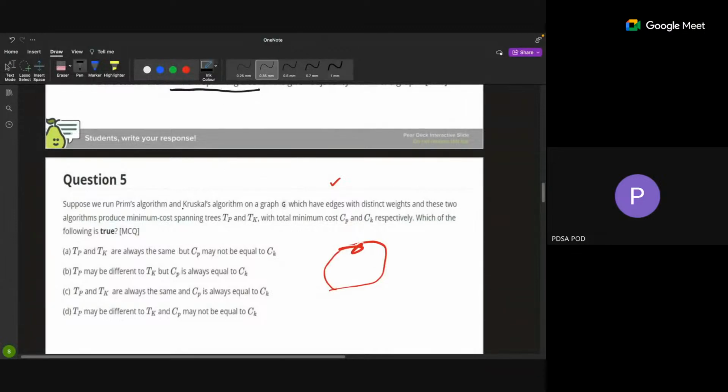Look here. My general question is, don't think about this particular question. Prim's and Kruskal's: whenever a graph is given as input to Prim's and Kruskal's, we want to generate the minimum cost spanning tree. Do both algorithms give the same result or different results? The same graph is given as input. Is the result of that MST the same or different?